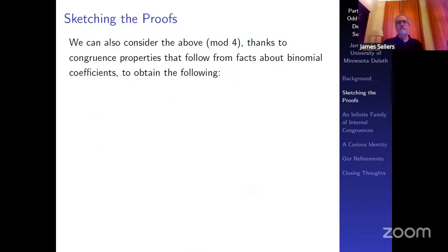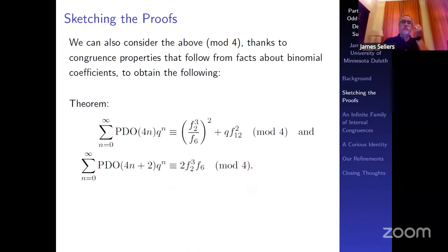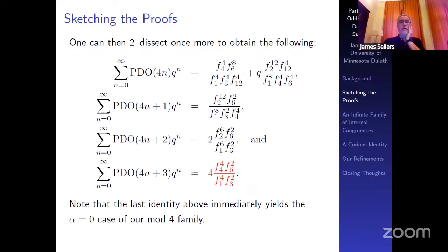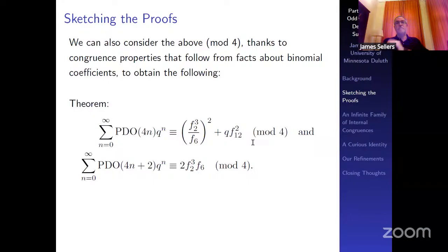And if you consider these mod 4 for just a minute, then you can actually also prove from this result for PDO of 4n and from this result for PDO of 4n plus 2, you can actually prove these 2 generating function results mod 4. Those will be interesting to me in a moment. However, let me just highlight something quickly.